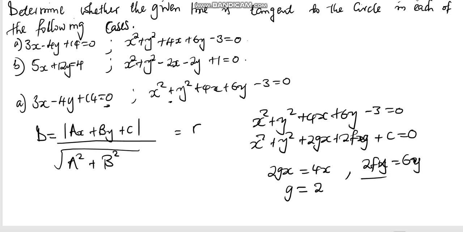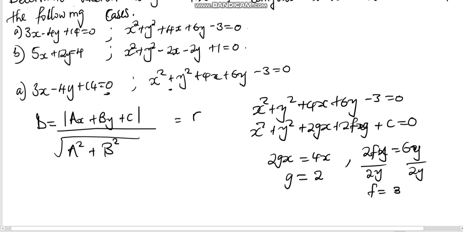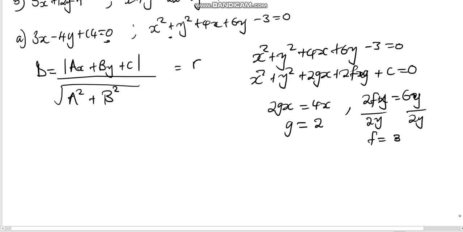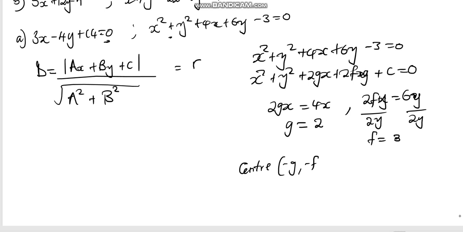We divide by 2y, then we have f equal to 3. So if this is the case, then the center is simply equal to negative g comma negative f. So the center will be equal to negative 2 comma negative 3.